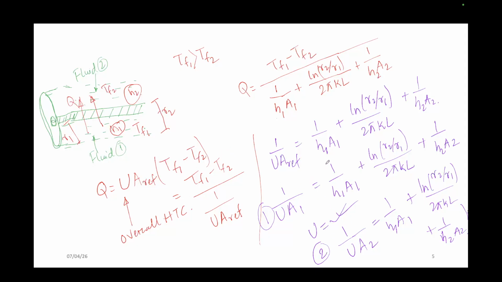You have the area A2, A1. This is the area you know, and the radius and all these things you can know. You can find out the U. Okay. So now if I talk about heat exchanger, in a heat exchanger, which area will you take?